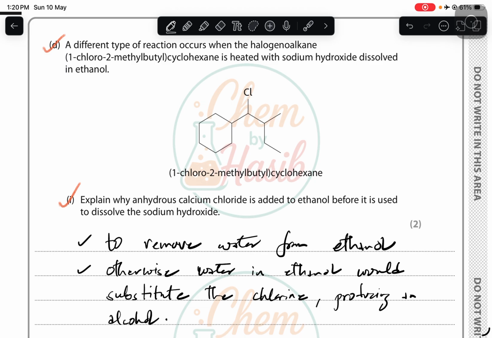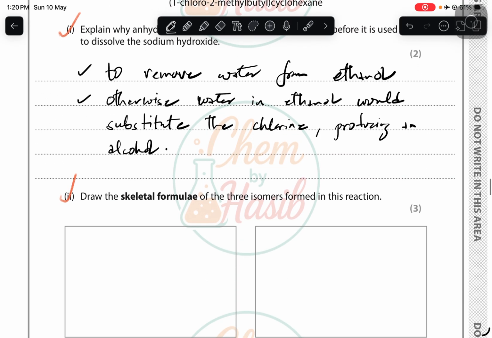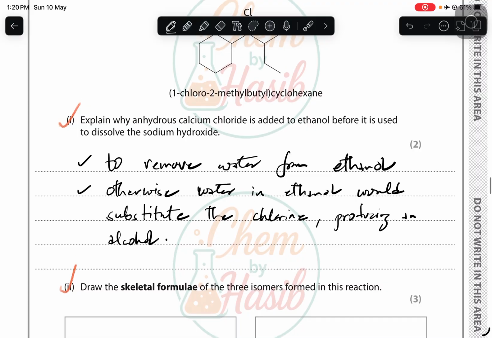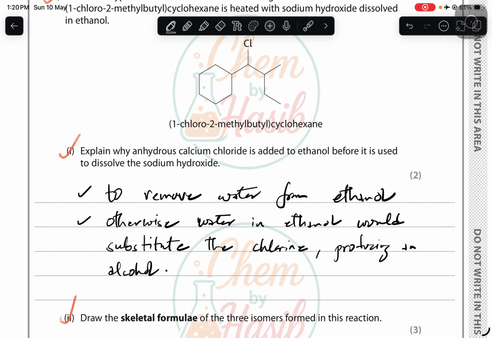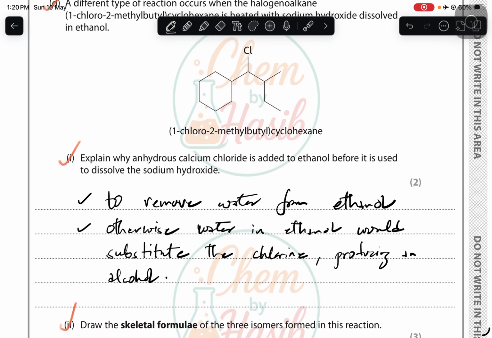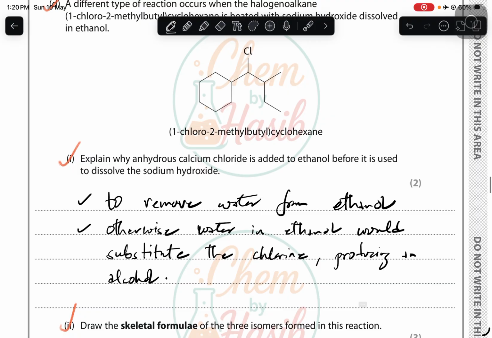It says, draw the skeletal formula of the three isomers formed in this reaction. You have to draw the skeletal formula of the three isomers. Let me draw the skeletal formula of this one first. Just a minute.